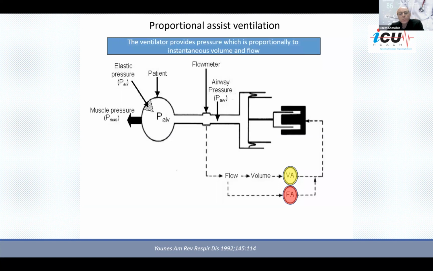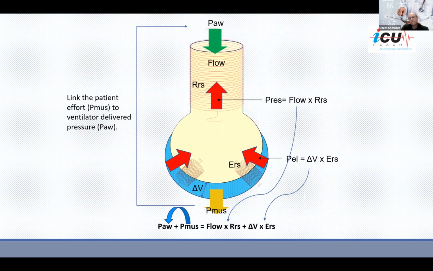And this way, the ventilator provides pressure which is proportional to instantaneous volume and flow that is generated by the patient. So we get information from the ventilator based on what the patient did, and then based on that, we deliver pressure to the patient to help him.